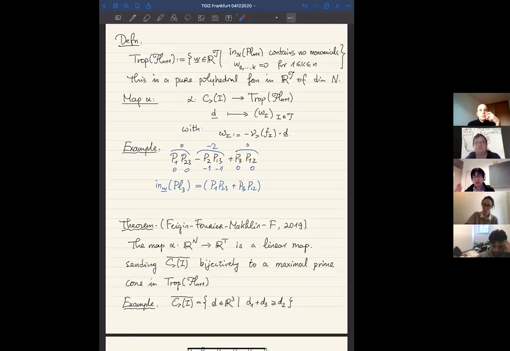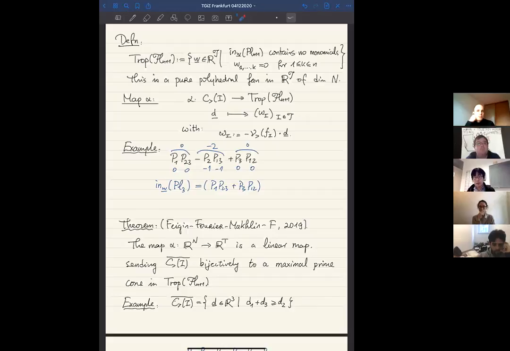Prime cone means that you take any weight vector in the relative interior of the cone, there is the initial ideal, and this initial ideal is a prime ideal. So here we get the facet description of one maximal prime cone in the tropical flag variety.